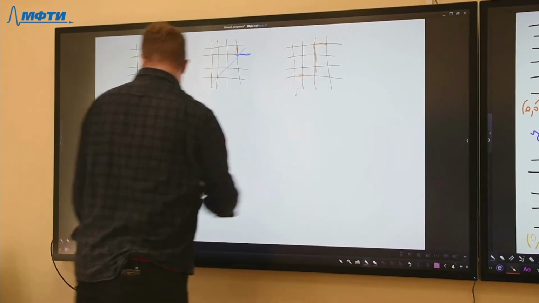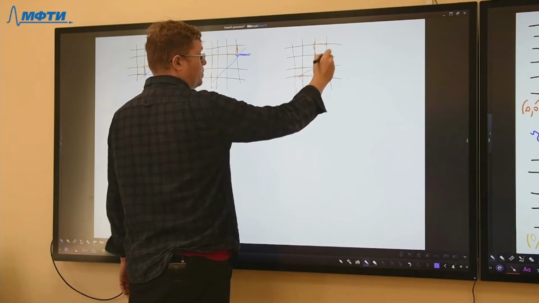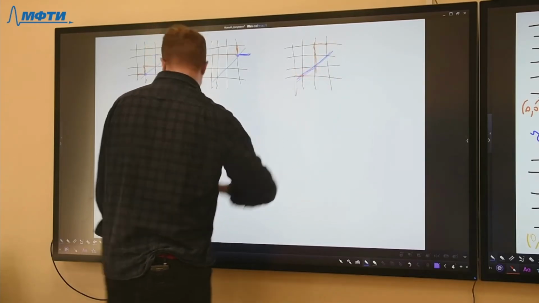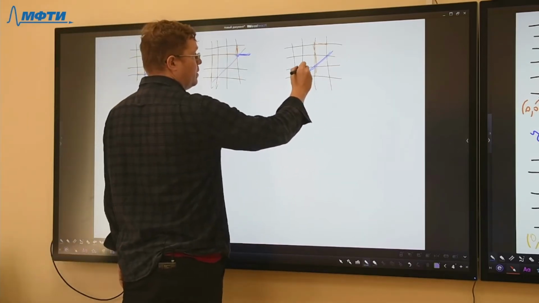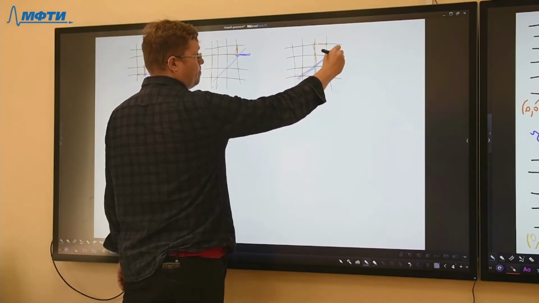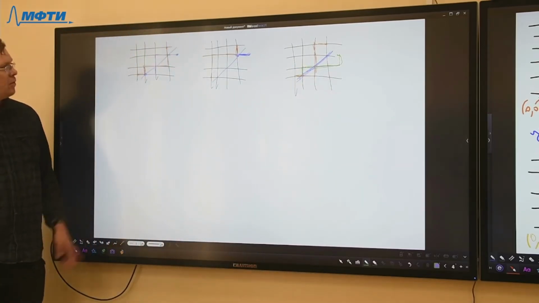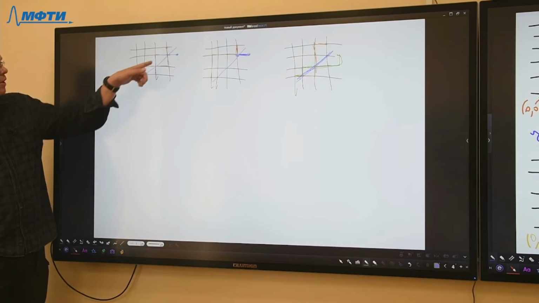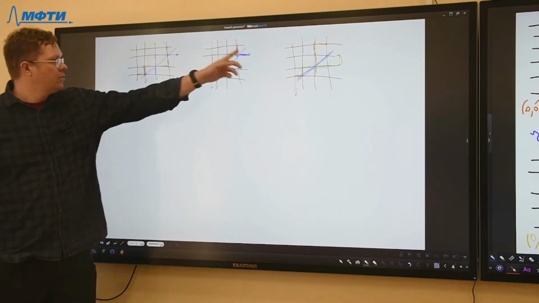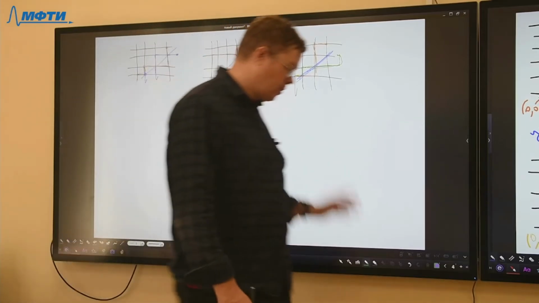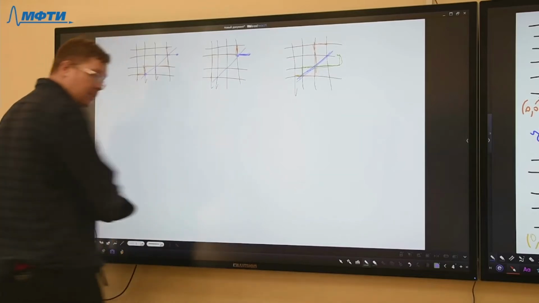For this one, again write the diagonal and reflect it here. So for each path that goes under the diagonal, I will link a path going from 0, 0 to n plus 1, n plus 1. Okay. Questions?